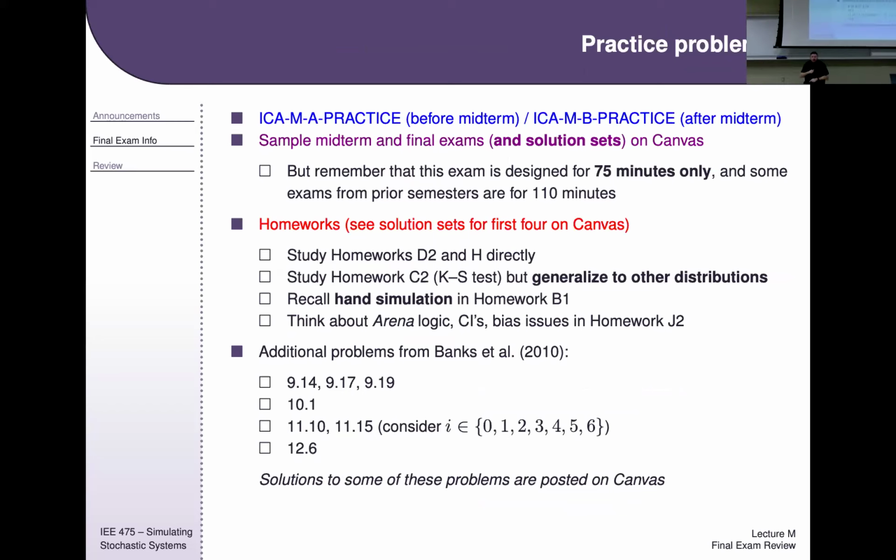For practice at this, like I said, go into the final exam module. I've got a bunch of final exams from the previous semesters that are there. There is a practice Canvas exercise. Looking back at the homeworks is a good idea. There are some additional problems I've posted with solutions, also in there.